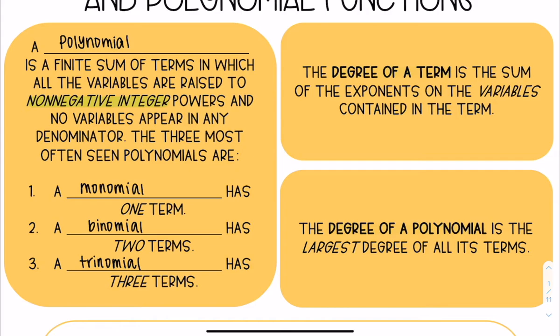The degree of a term is the sum of the exponents on the variables contained in the term. The degree of a polynomial is the largest degree of all of its terms. So we want to name the type of the polynomial and give its degree.